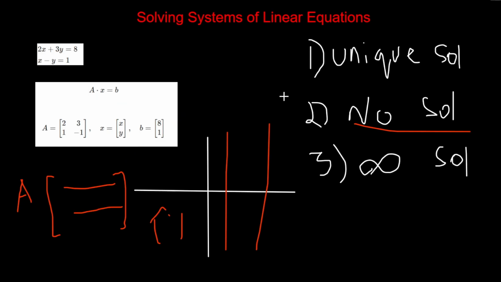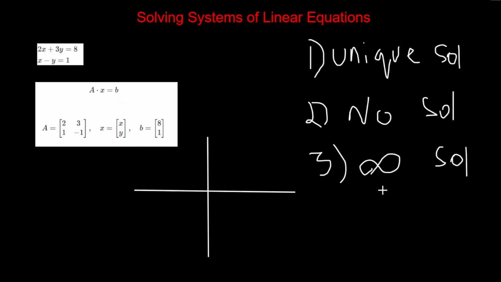Let's look at the next type, infinite solutions. Infinite solutions means geometrically the lines just overlap each other. We can see that they intersect at every point on the line. So the system has infinitely many solutions. Let's look at the matrix view.